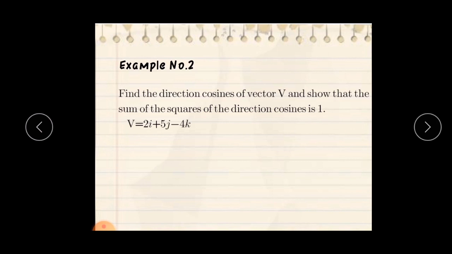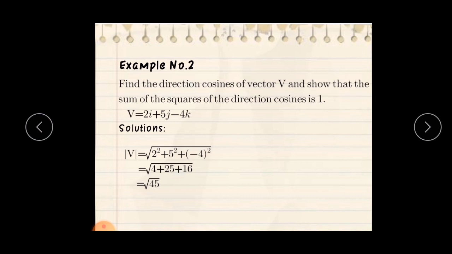And next, we have example number 2. Find the direction cosines of vector V and show that the sum of the squares of the direction cosines is 1. The vector V is equal to 2i plus 5j minus 4k. So now, we proceed to our solution. We know that the magnitude of V is equal to the square root of 2 squared plus 5 squared plus negative 4 squared.